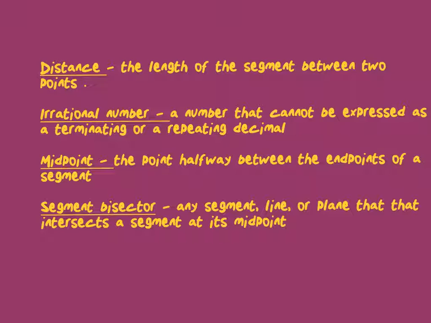The midpoint is the halfway point between the two endpoints of a line segment, and a segment bisector is any segment, line, or plane that intersects a segment at its midpoint. Get those definitions down and add the rest to your glossary.